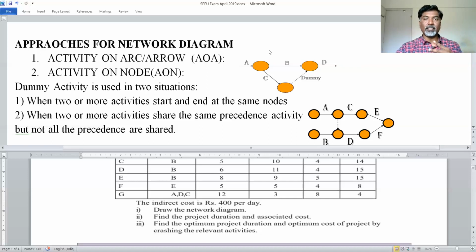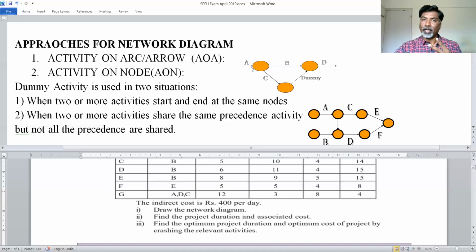Suppose activities B and C both have tail node A and head node D, that is, predecessor activity A and successor activity D. We cannot draw two arrows from A to D, as that is an invalid rule of drawing a network diagram. So we have added one extra node, and with the head of that node, we have connected the successor activity with a dummy activity.